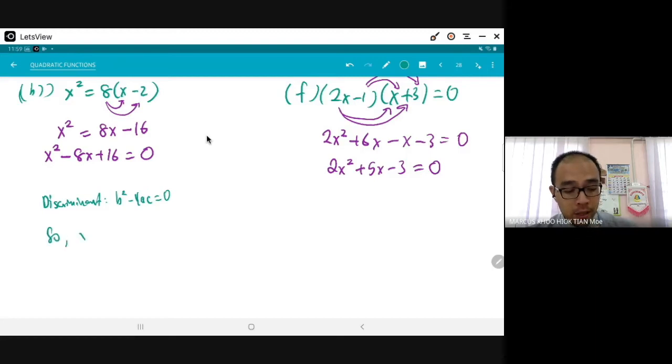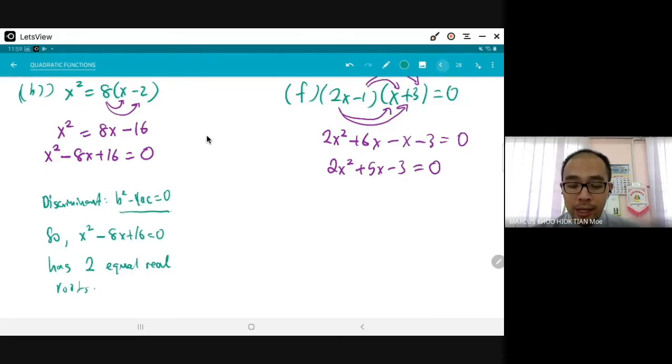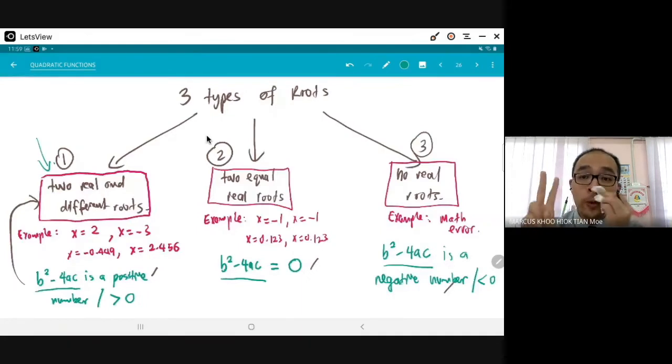So x squared minus 8x plus 16 equals to 0 has two equal real roots, because when we calculate the discriminant it is exactly zero, so it is category 2. Two equal real roots. This table is very important, the one that I'm showing you now. It gives us the understanding of how to determine the category.